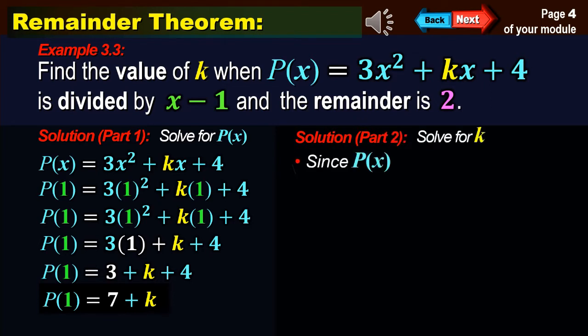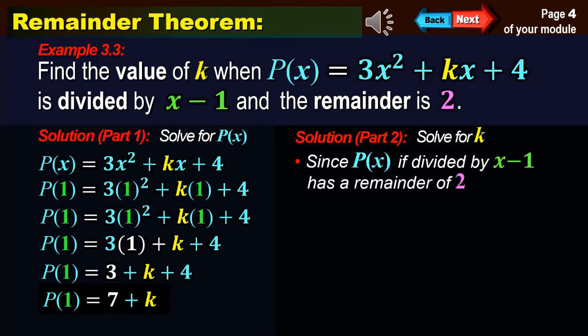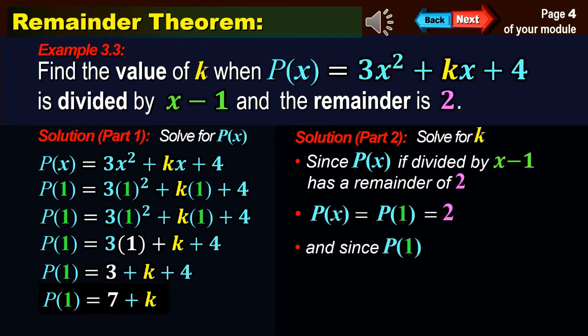After solving P of x, you need to solve the value for k. Now, since P of x is divided by x minus 1 and has a remainder of 2, it goes like this. P of x is equal to P of 1 and the remainder is 2.